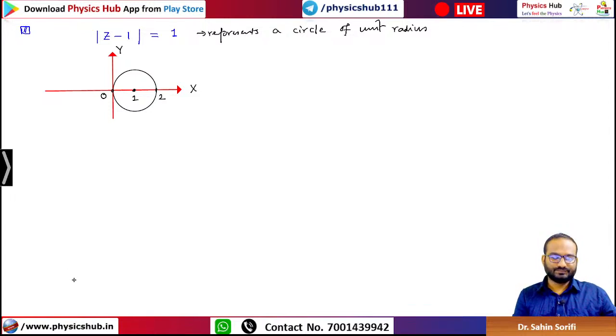Understood? This represents mod z minus 1 equals to 1.